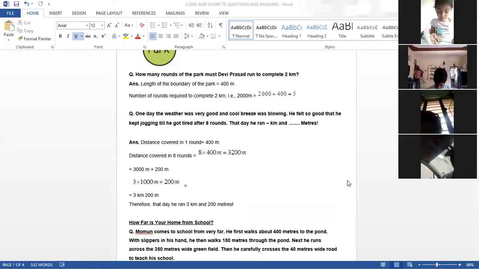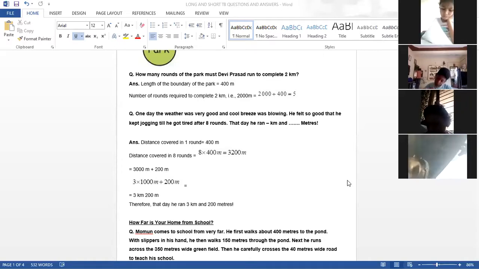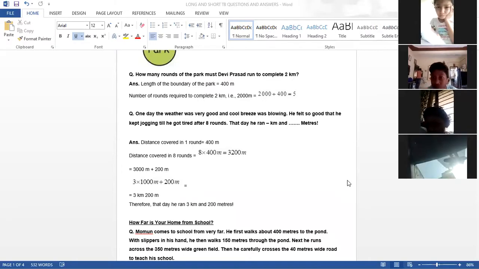Separate it: 3,000 and 200, so 3 kilometers and 200 meters. That will be the answer. Questions and answers I will share after the class, so nothing to worry. Concentrate on the concept.